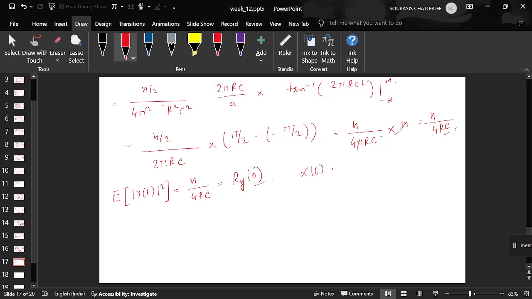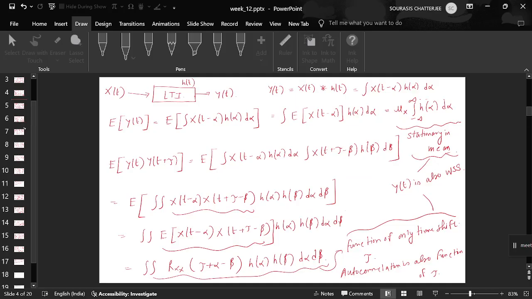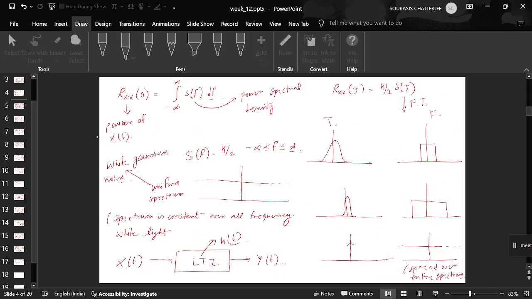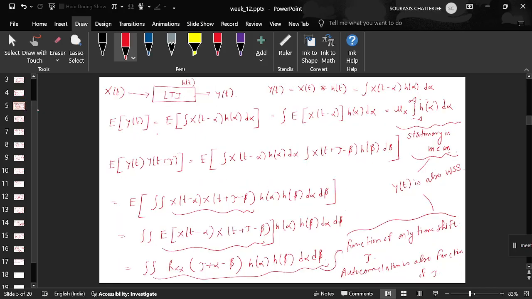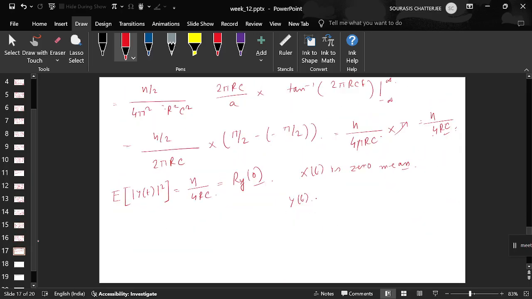Now x(t) is already mentioned as zero mean, so for y(t), from this expression on this slide, the mean of y(t) is the mean of x times this integral, and since the mean of x is 0 itself, the mean of y is also 0. So we'll use that here: y(t) is also zero mean.